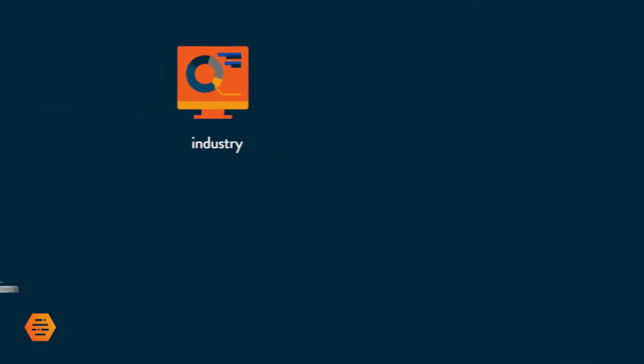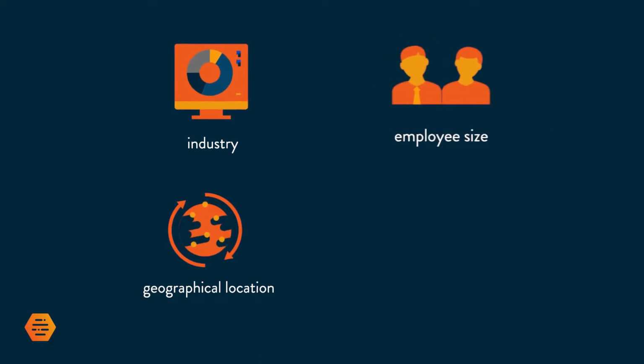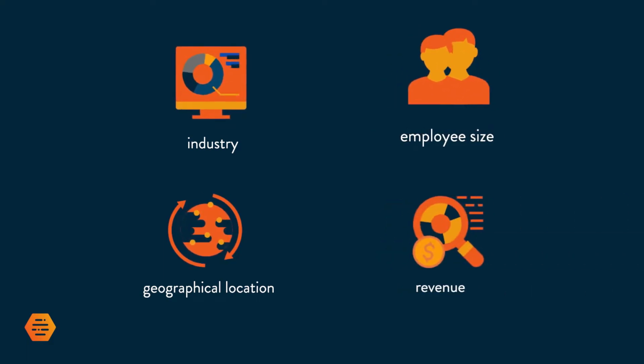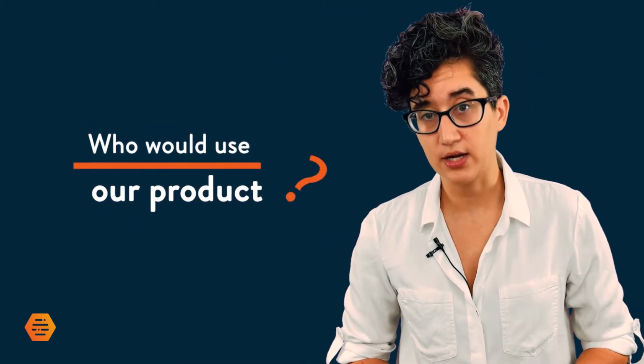One of the first and most important components of your ICP is its demographics, or firmographics. This includes its industry, geographical location, how many employees it has, how much revenue it makes, and so on. Now, let's say that your company is a creator and distributor of a variety of wood panels. You would want to consider who would actually use your product.